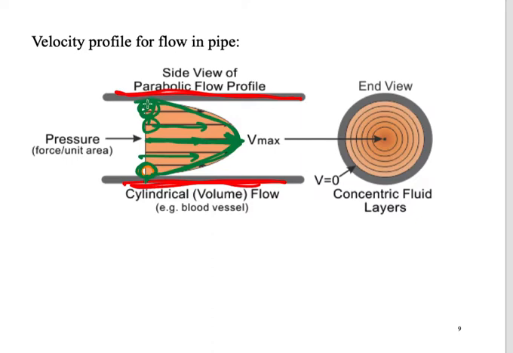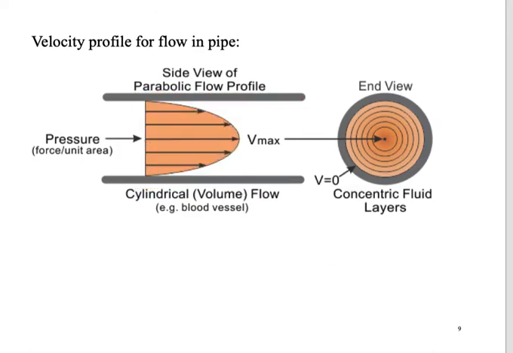It starts from 0, becomes maximum in the middle, and then goes to 0 at the other end. If we look at the velocity distribution from the side view, we find that the pattern is like this because the pipe is circular in shape.